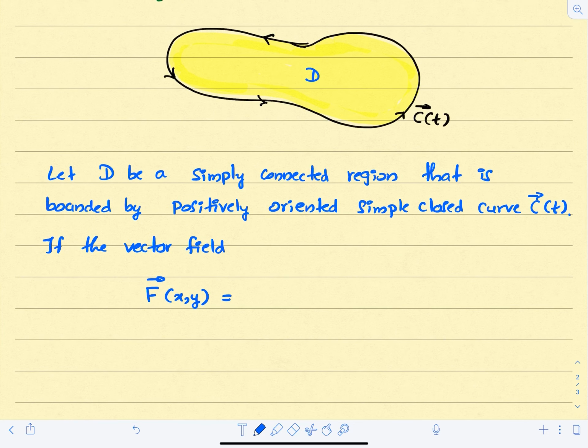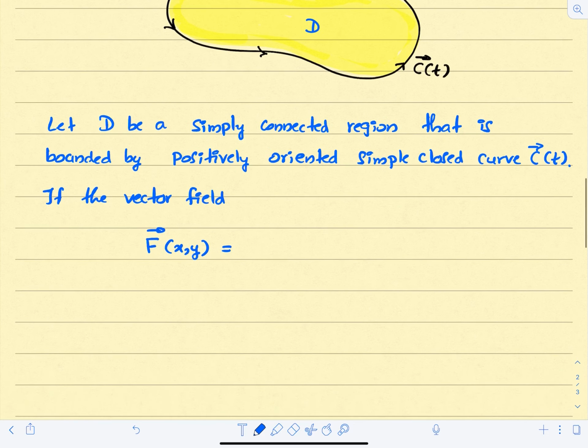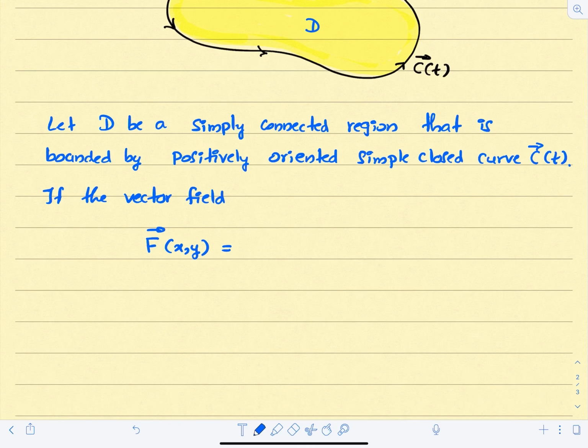Basically we have a region D on the xy plane, because we have a vector field in R2.